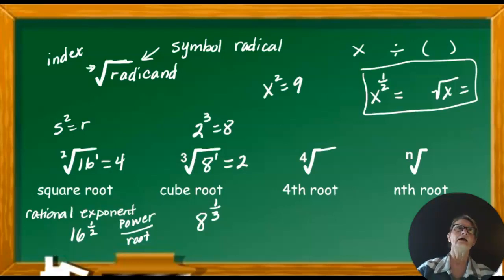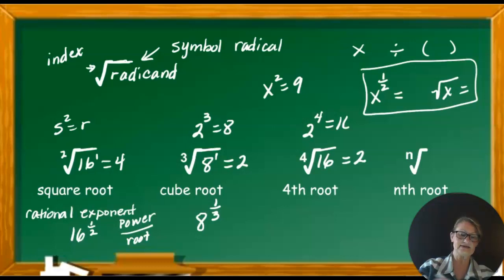Let's do the 4th root of 16. What I'm going to ask you is what number times itself 4 times will give you 16. And remember, since it's times itself 4 times, it's going to have to be a fairly small number. Well, it is the number 2, and that is true because 2 to the 4th power is 16. Do you see how that works?